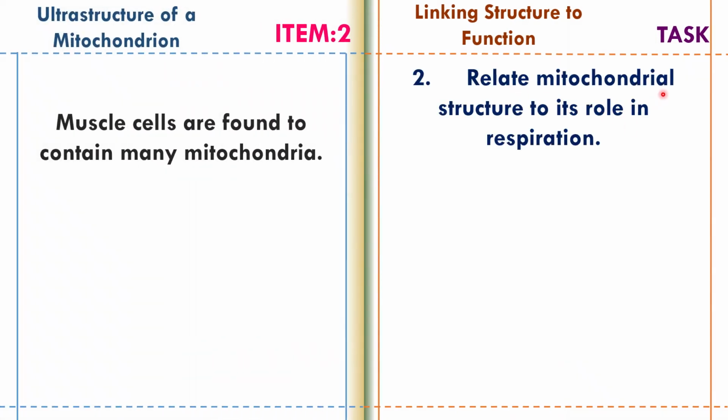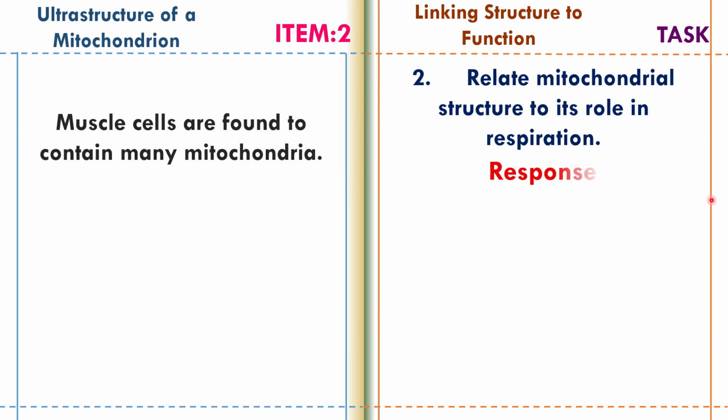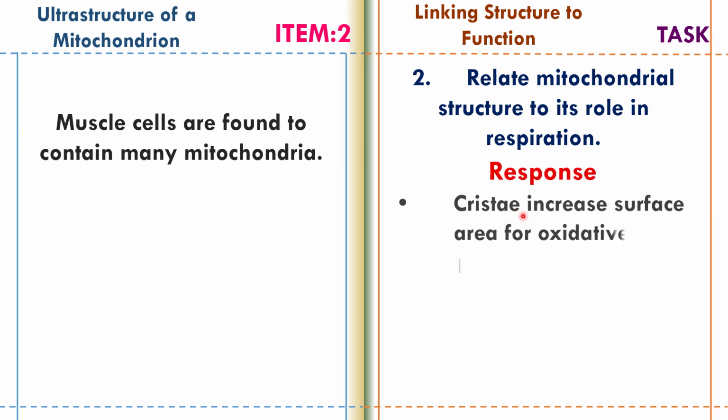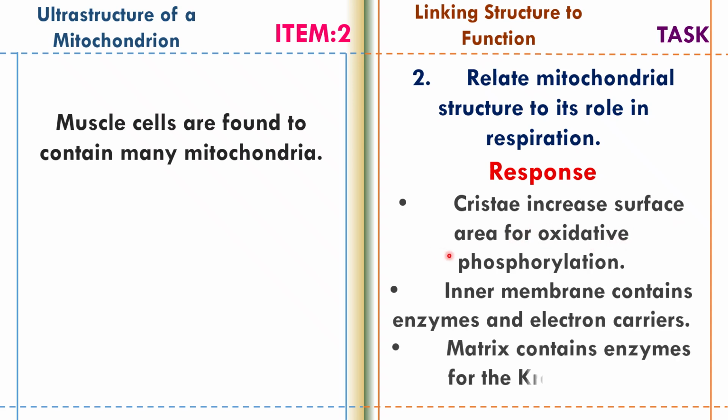Relate mitochondrial structure to its role in respiration. Cristae increase surface area for oxidative phosphorylation. The inner membrane contains enzymes and electron carriers. The matrix contains enzymes for the Krebs cycle.